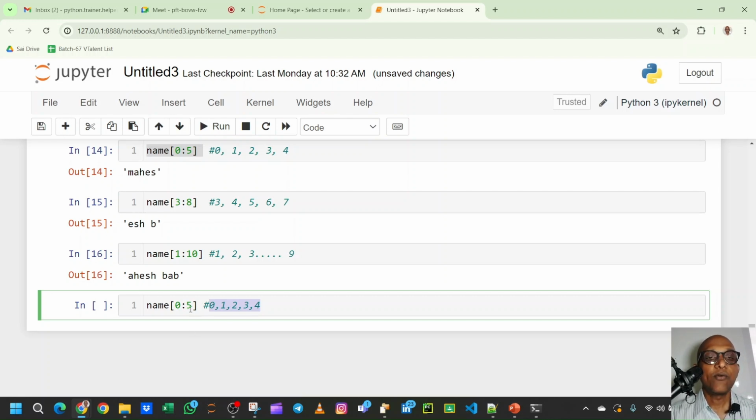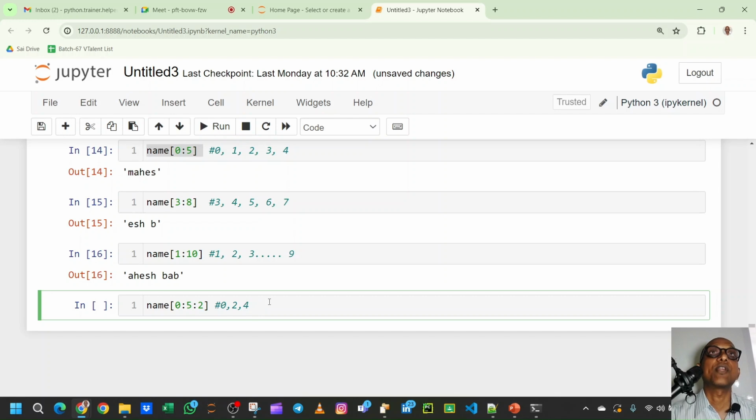Right? For example, if I put one more, like say 2, what does it mean? Now this is going to get the characters present at the 0 indexing position and increment by 2, whatever number I mentioned here, 2. So 0 plus 2, 2 means the next character I'm going to get is at index number 2. 2 plus 2, 4. 4 plus 2, 6. Can I get the 6 here?